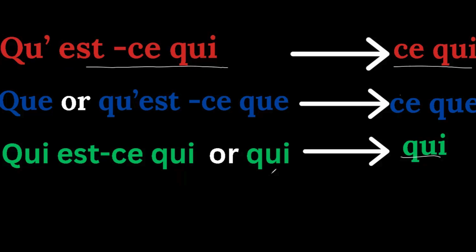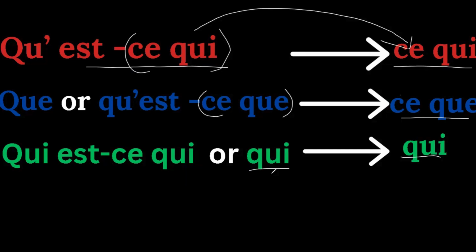Similarly, questions with que or qu'est-ce que will change to ce que, or will take ce que in the indirect speech. Questions with alone qui or qui est-ce qui will take only qui in the indirect speech. So we'll keep these things in mind. Qu'est-ce qui will change to ce qui, qu'est-ce que will change to ce que, or qui est-ce qui or alone qui will change to qui in indirect speech.